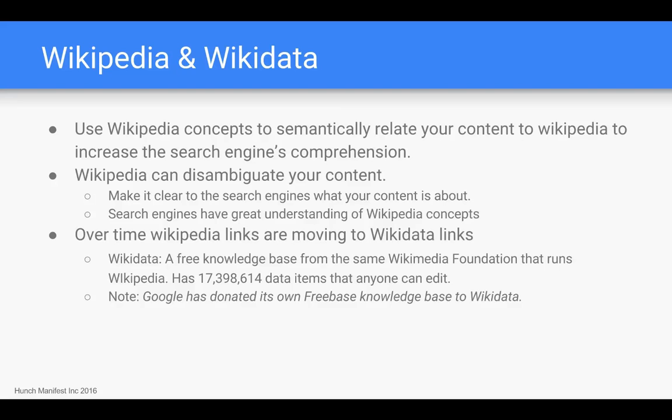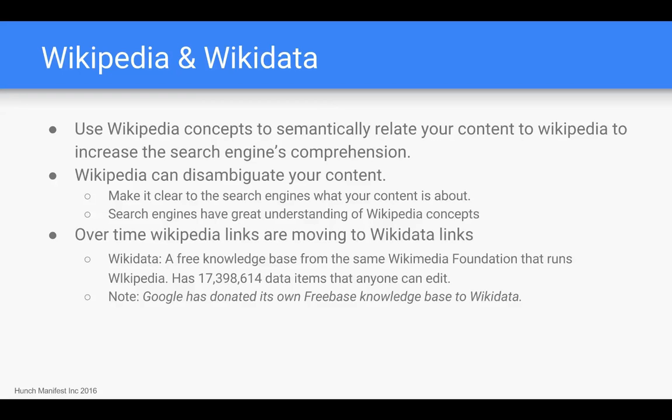So it knows about all the Wikipedia articles. If you are also referring to Wikipedia in your content using some of the available features, you will make it very clear to Google what the content is about. So the about one is a great one, and the URL is another good one that you can use to disambiguate your content.